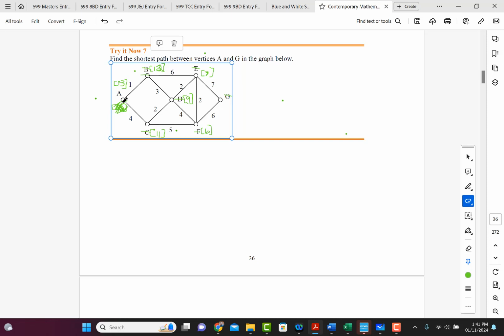So now what happens? Well, the shortest route is going to be through B. So it's going to be A, I'll draw it out.